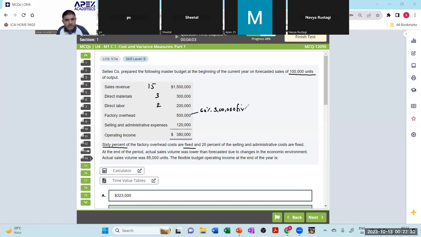How much is fixed? How much is variable? Means how much? 2 per unit. Clear? Yes, sir. Selling and administrative expenses, 20% are fixed.